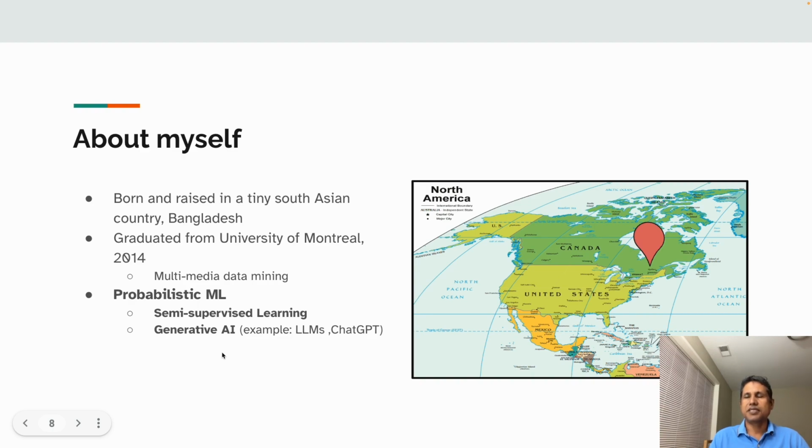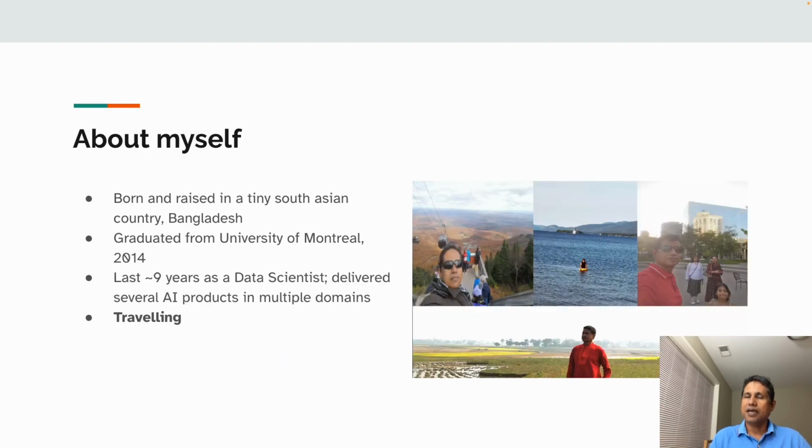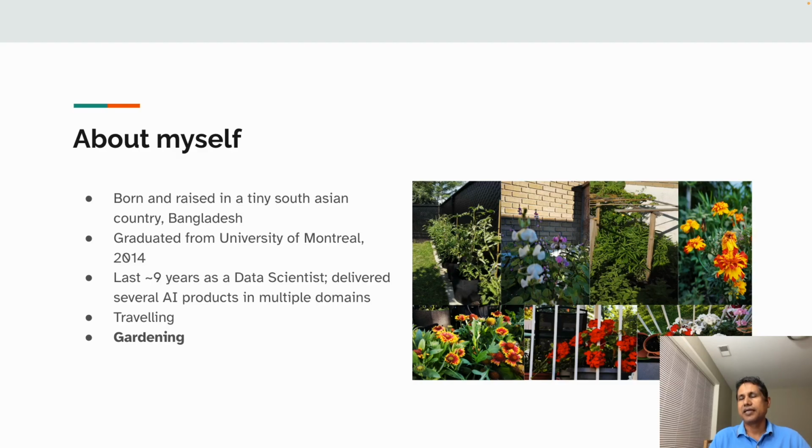My area of research focus is semi-supervised learning and generative AI. I also do some work on large language models. Prior to joining Grand Valley State University in 2023, I worked as a data scientist for almost 10 years in two major software development companies in North America, Blue Yonder and Ivado Labs. In terms of hobbies, I like traveling, and I like gardening during summer days.